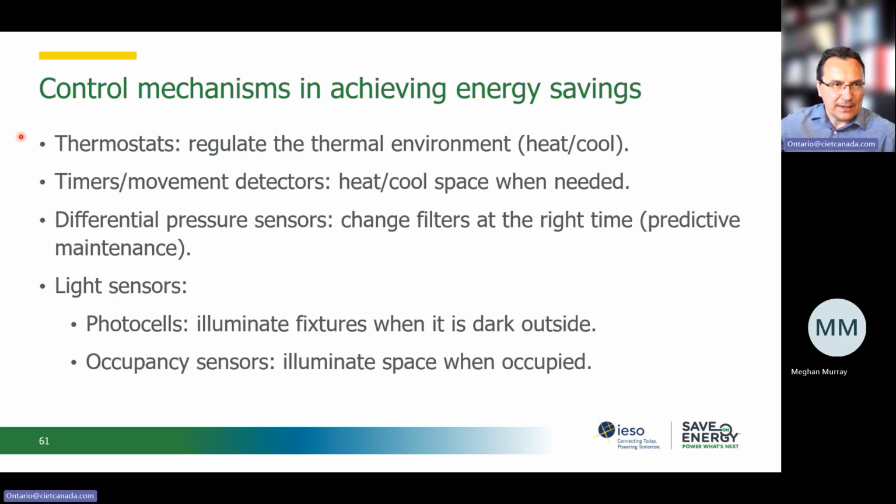We use timers or movement detectors, space occupancy detectors. We use differential pressure sensors that will trigger change in the filters, for example, or be able to identify early on maintenance requirements, predictive maintenance requirements, for instance, a coil that's plugged with dust.